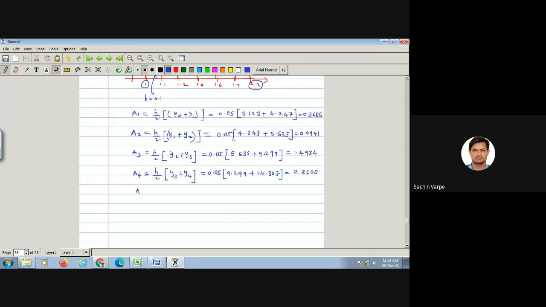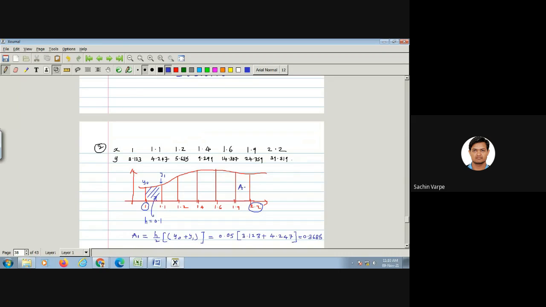Then A5 is h by 2 times y4 plus y5, that is 0.05 into 14.307 plus the next, 24.759. So the answer is 5.8599. And the last area, A6, this one.